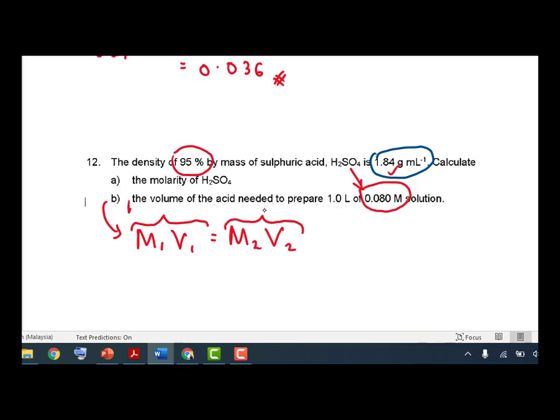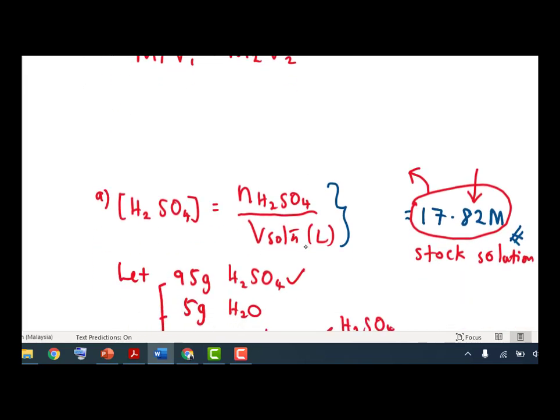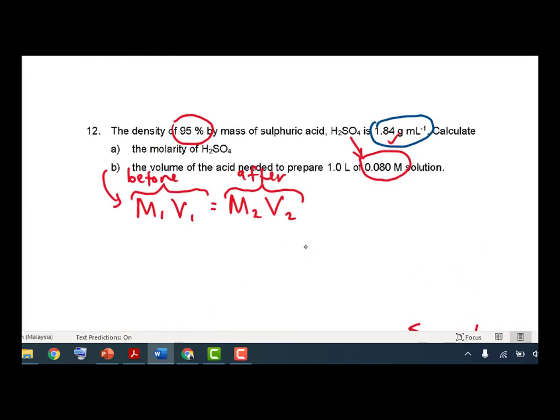So this is before dilution. What is the molarity of the stock solution just now? The molarity of the stock solution is 17.82, very concentrated. So write it here, 17.82.